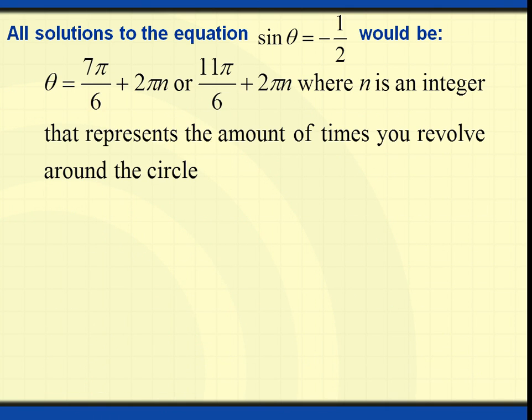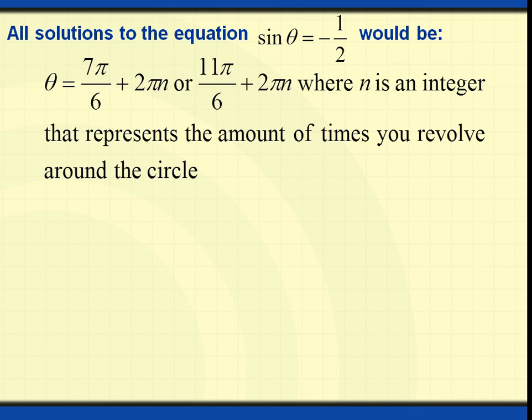Now, if I were looking for all the solutions to my equation, sine theta is equal to negative half, then we would need to add 2 pi n. The simple reason is that if I were to continue revolving around my circle, my angle of rotation would keep increasing. But when would I get negative half again for my sine value?